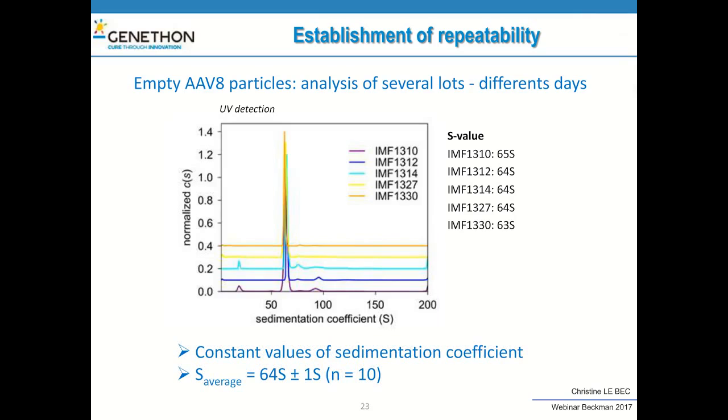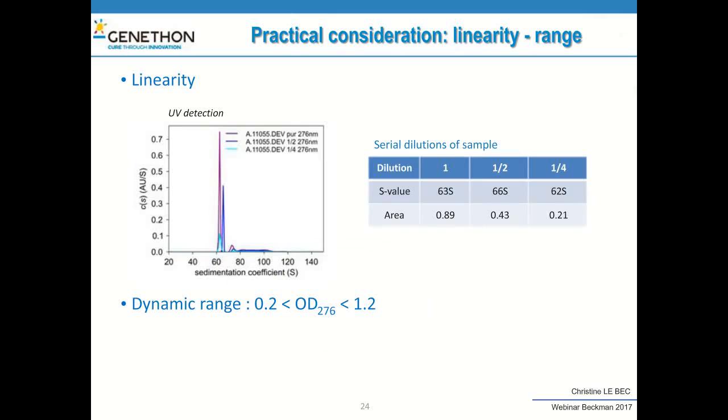We have a constant value. We run this for 10 independent experiments, and we have an average S value around 64, more or less 1 S. So we have a very nice repeatability of the experiments.